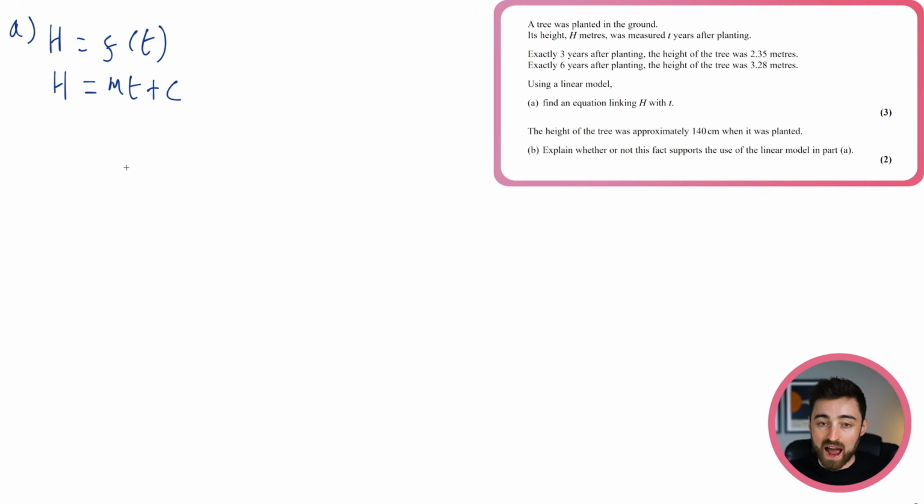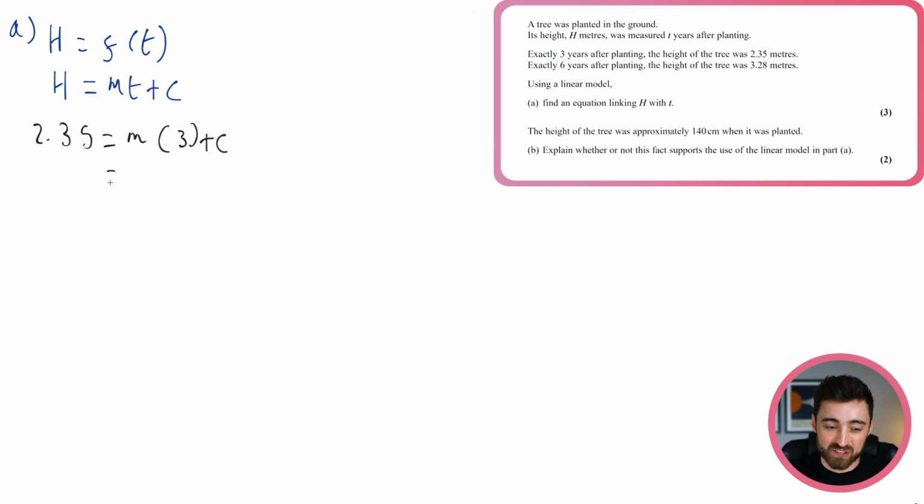Now, I've not actually got the values of m and c yet, so that's not really proper, but I've got some information that may help me get those values. So we're told that when t is 3, right, 3 years after planting, the height of the tree is 2.35. Could I not therefore say that 2.35 is equal to m times 3 plus c?